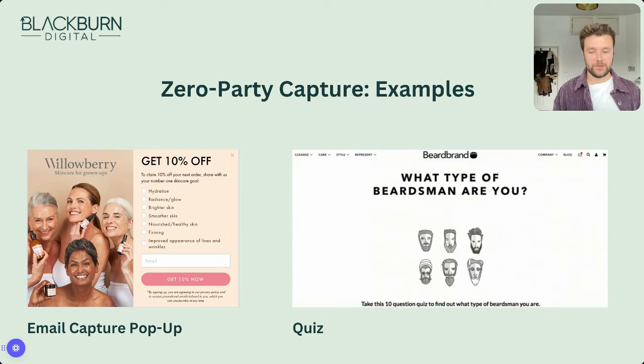If we look at the email capture pop-up here, it's like a normal pop-up: get 10% if you give us your email. But the one difference here is we're saying, to claim your 10%, share with us your number one skincare goal. For the customers that get the discount code, they need to tell us their main skincare goal. Why have they landed on this website today? What are they looking to achieve?